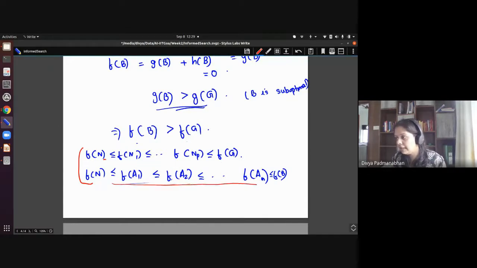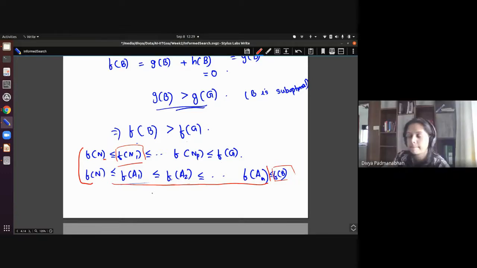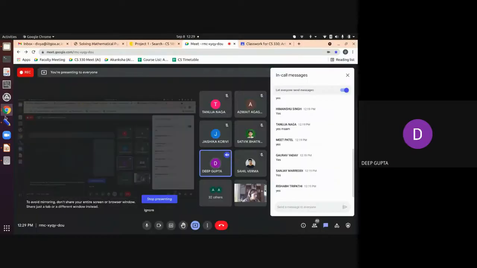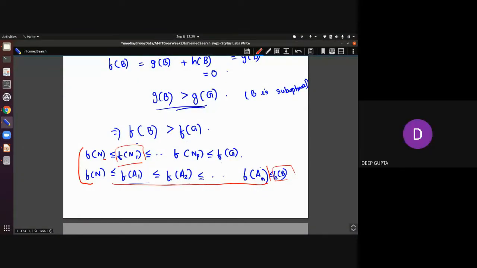These have all been traversed, and now you have n1 on the queue, and you have f of b. So now which is lesser? Is it n1 or is it b in terms of the f values? N1 will be lowest, right? Yes, n1 has to be lowest.